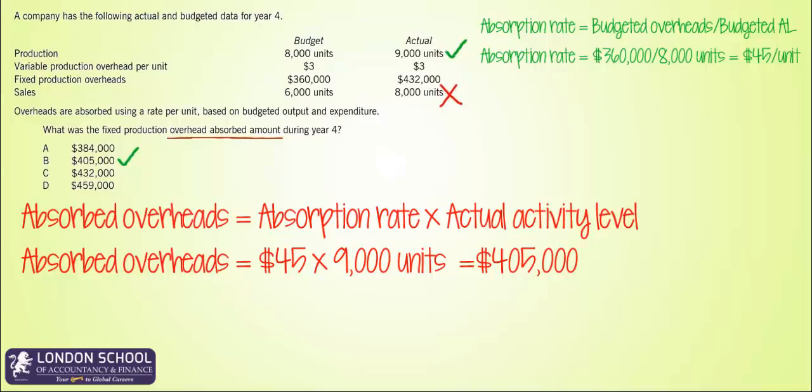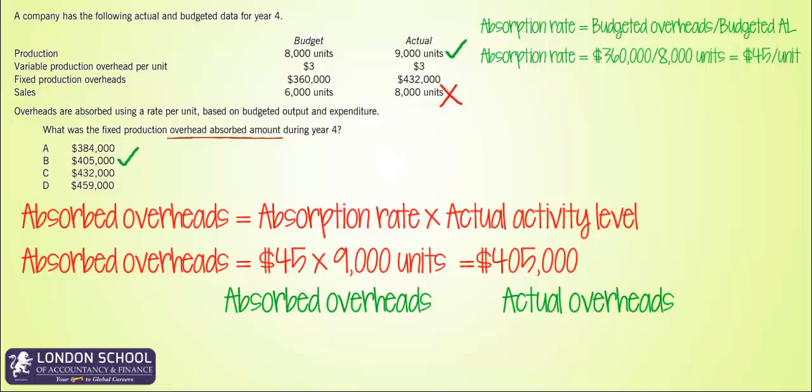Now let's say, though this question didn't ask, we want to calculate the amount of overhead under or over absorbed. So we know that under or over absorbed overhead amount is the difference between absorbed overheads and actual overheads. So how much is the absorbed overhead amount? Absorbed overhead amount here is $405,000, and actual overhead amount is $432,000.